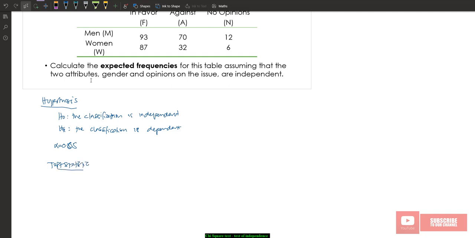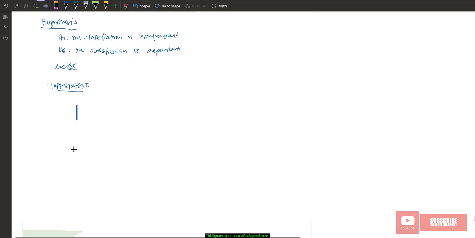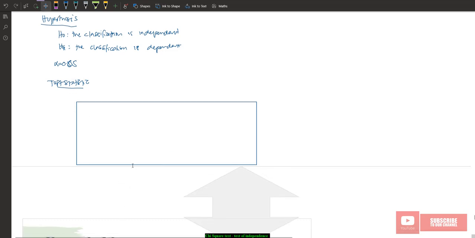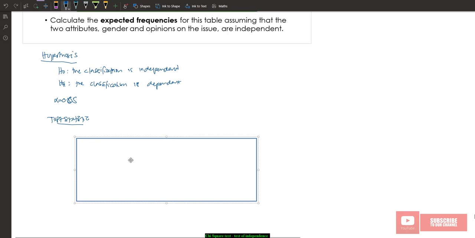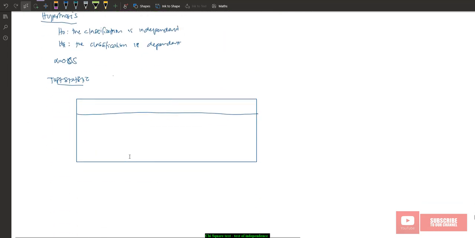We need to do a test statistic. For the test statistic, we need to calculate the expected value of each cell. So for the table, we have in favor, against, and no opinion, right?